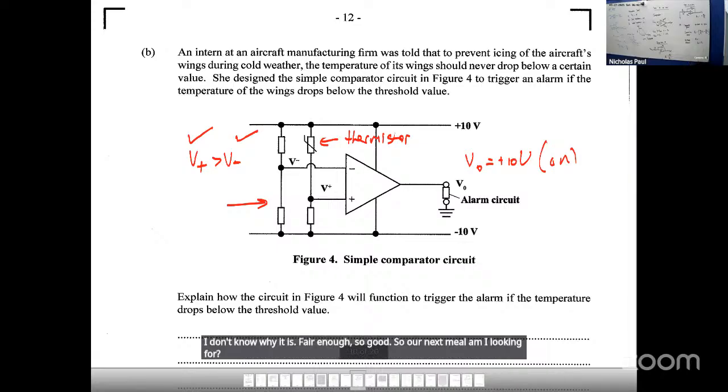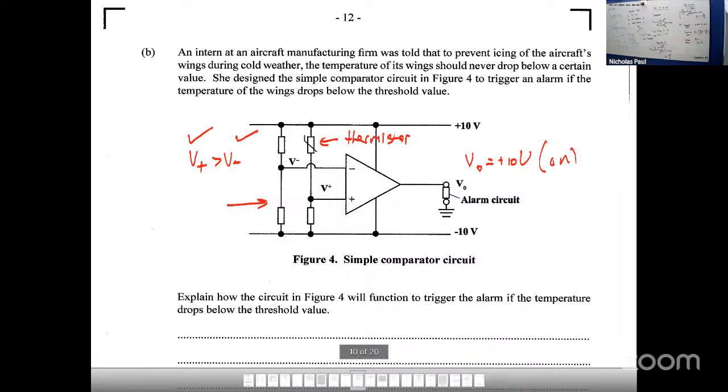When you have 2 resistors in series, it's called a potential divider circuit.